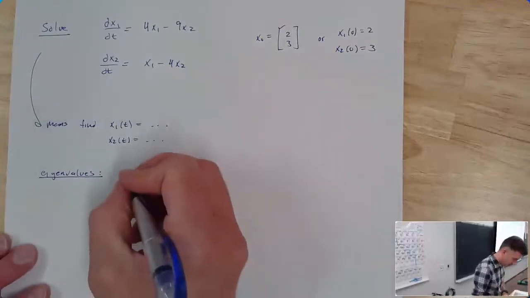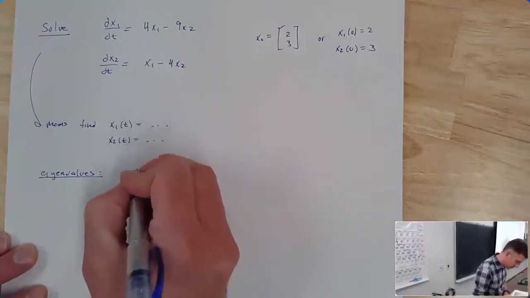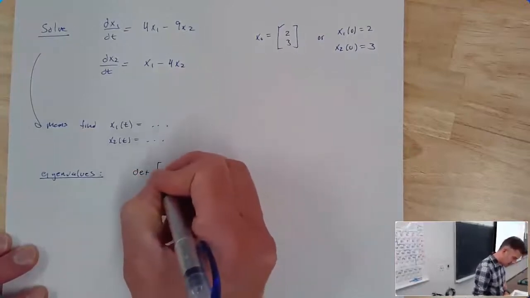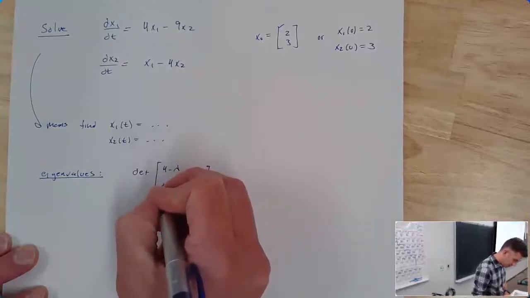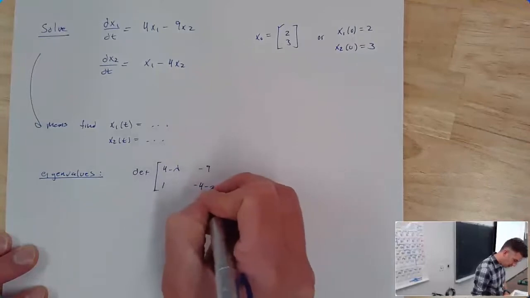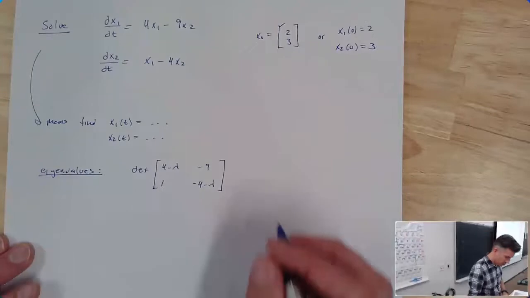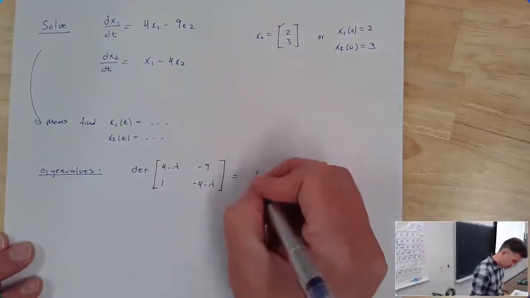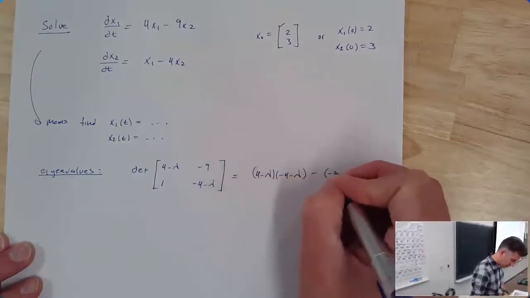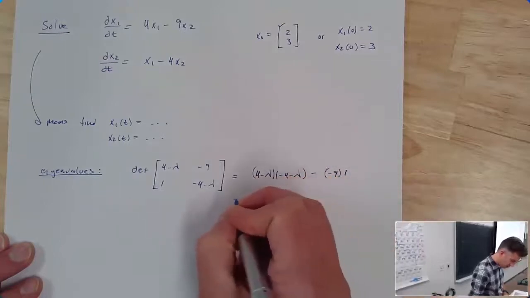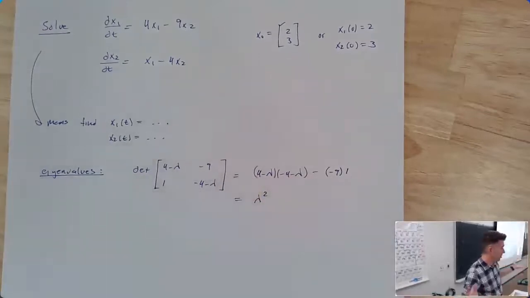So eigenvalues. The determinant of 4 minus lambda, -9, 1, -4 minus lambda. So it's going to be 4 minus lambda times -4 minus lambda minus -9 times 1, which ends up being lambda squared plus 4 lambda minus 4 lambda, those go away.